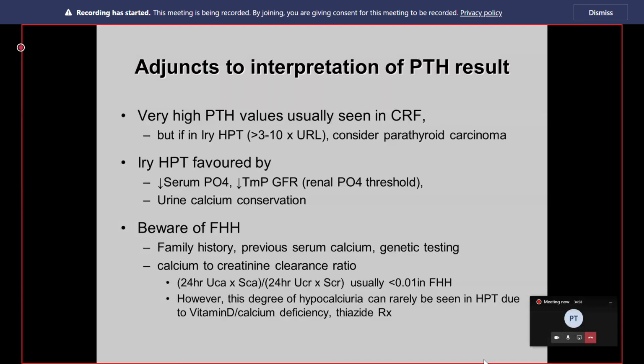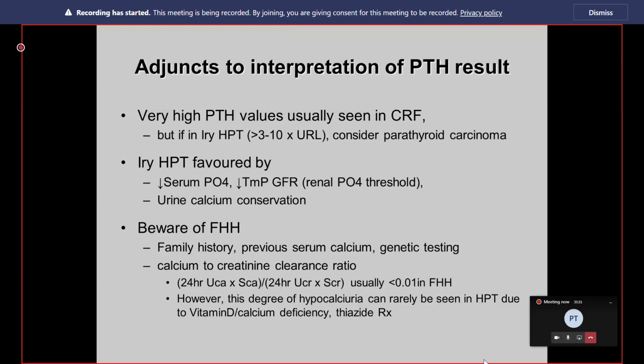I mentioned familial hypocalciuric hypercalcemia. This is a condition which is genetically inherited but benign. It just presents like mild primary hyperparathyroidism, and if it's not identified, the patient will undergo unnecessary parathyroidectomy because this is a benign condition and the patient doesn't need any treatment.